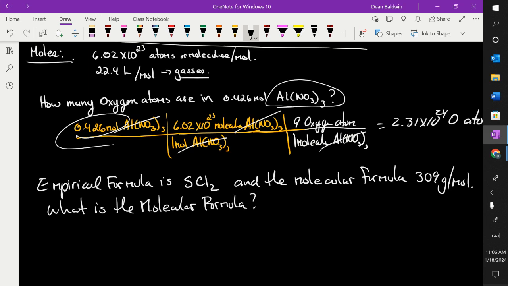So what do I mean when I say molecular formula versus empirical formula? The empirical formula is the lowest ratio. It just gives you the ratio of the atoms. The molecular formula is actually how many atoms of each are in it. Okay? So the first thing you do, if I give you the empirical formula, is calculate the molar mass of the empirical formula.